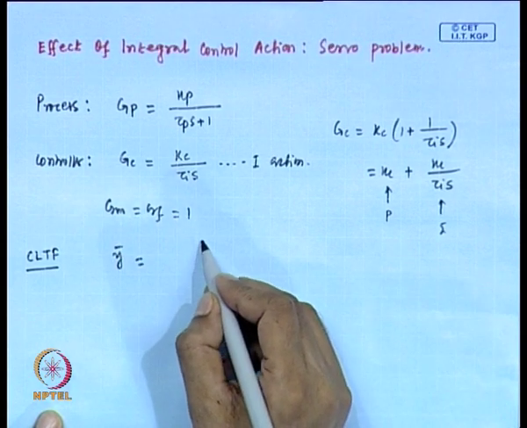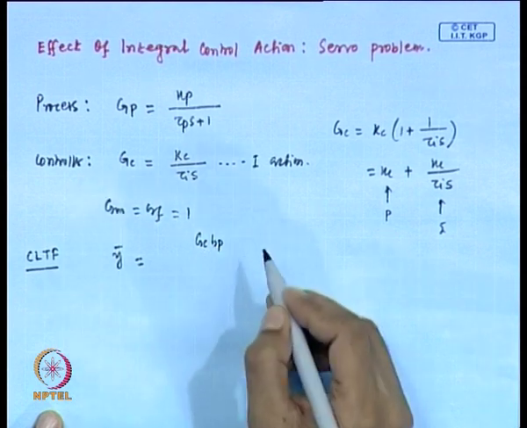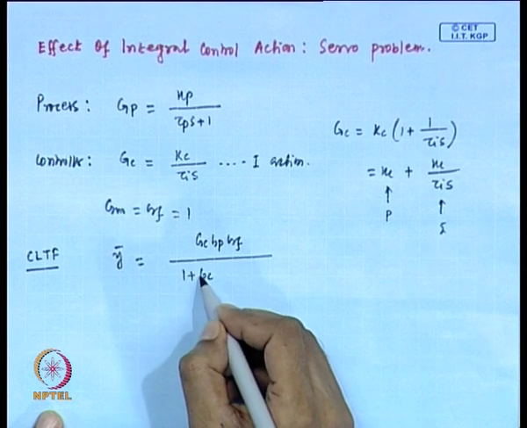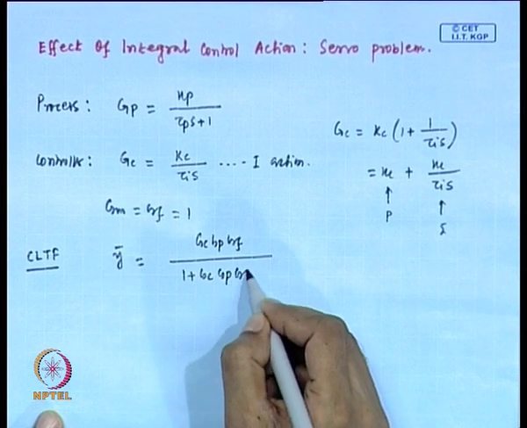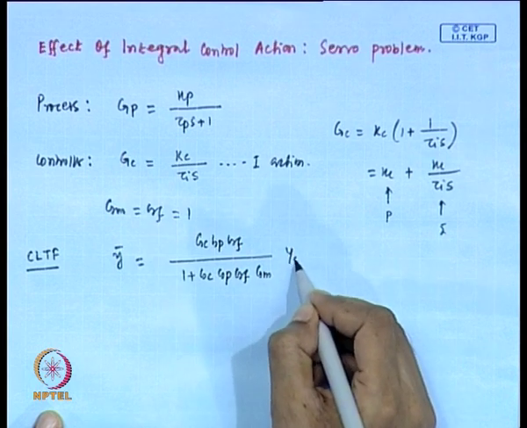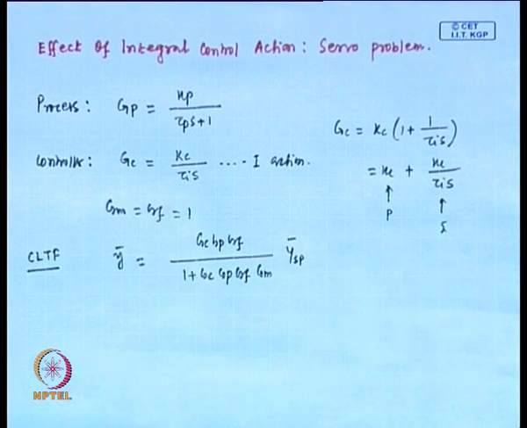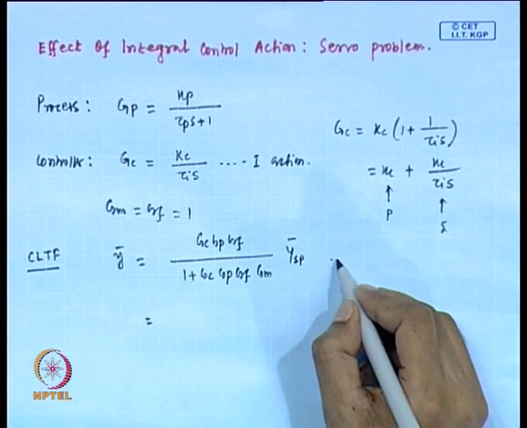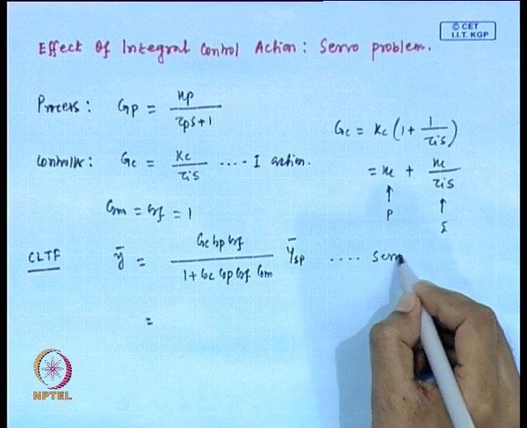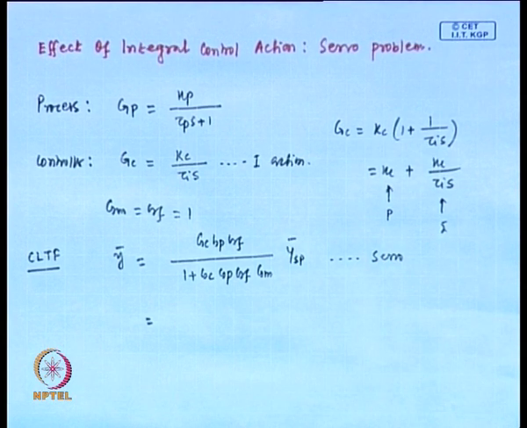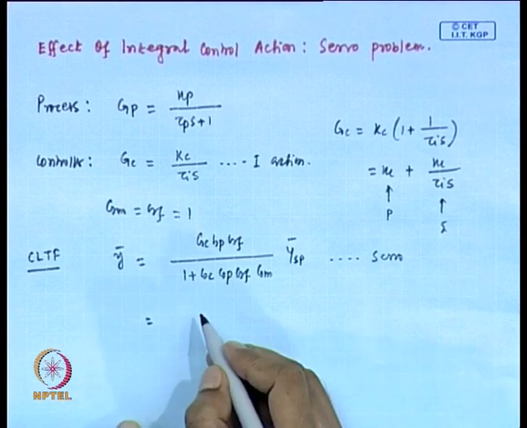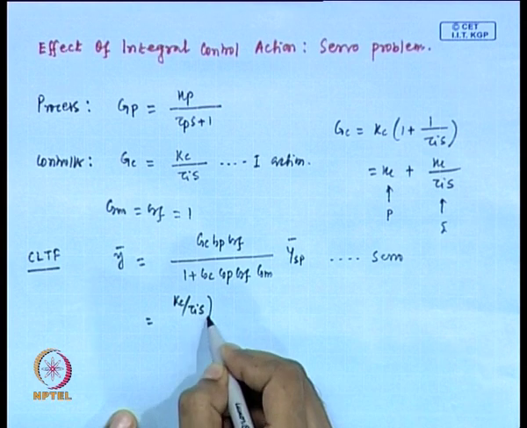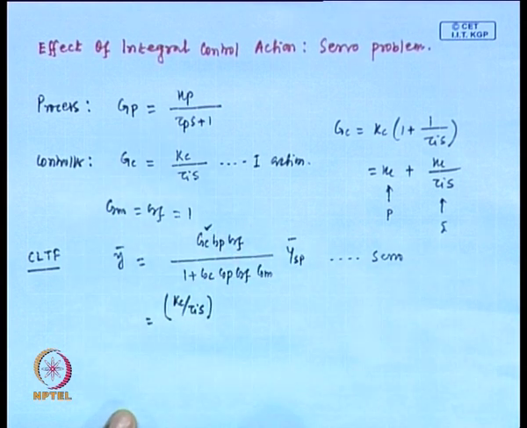The general form is Gc Gp Gf divided by 1 plus Gc Gp Gf Gm, multiplied by y set point bar. Now we will substitute the individual transfer functions in this closed loop transfer function for the case of the servo problem. Gc is Kc divided by tau I s.